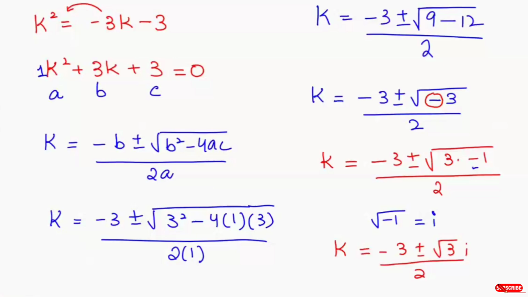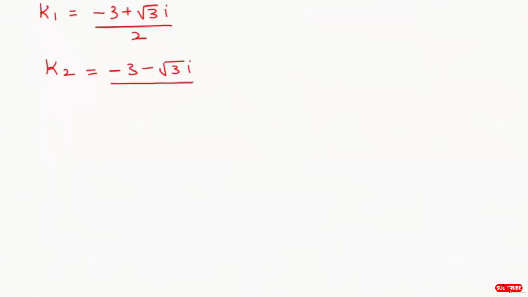So here we get the imaginary solutions, k1 and k2 values, that is k1 is equal to minus 3 plus root of 3 iota over 2, and k2 is equal to minus 3 minus root of 3 iota over 2.